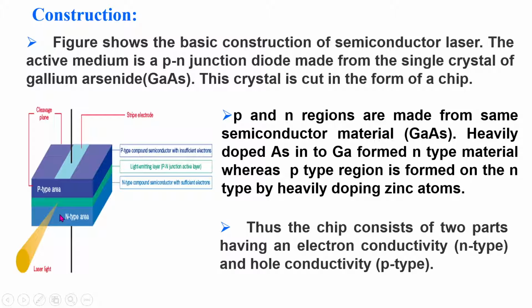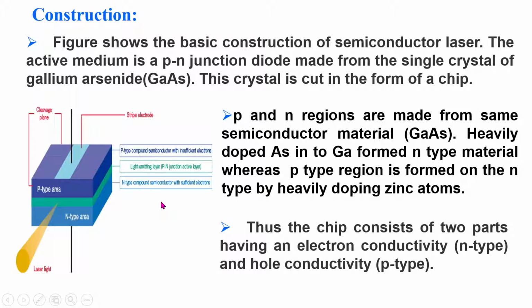Now initially, during the construction of a PN junction diode, they use a single crystal of gallium arsenide, that is GaAs. And these crystals were cut in the form of chips.